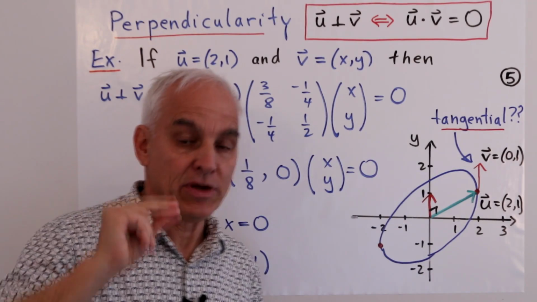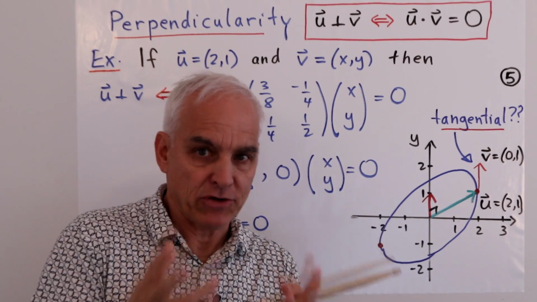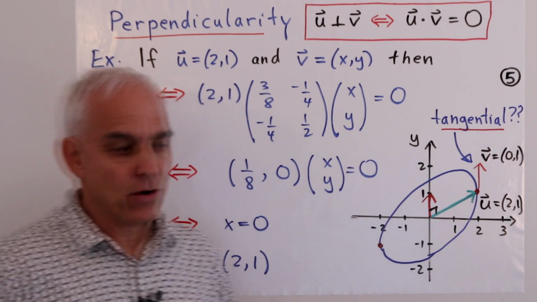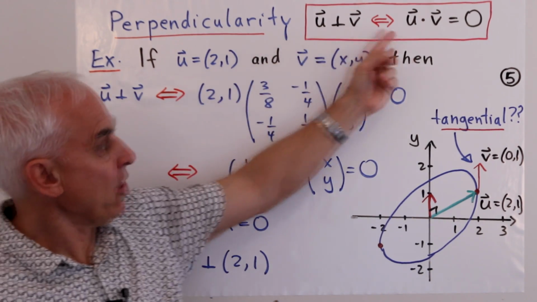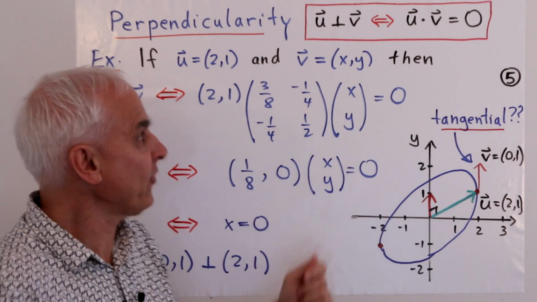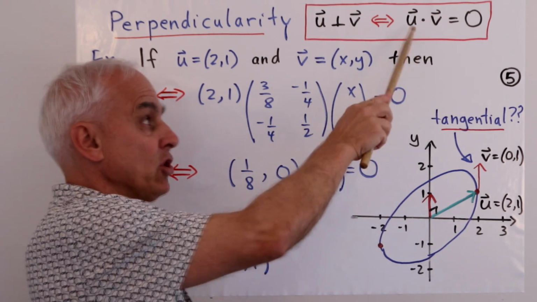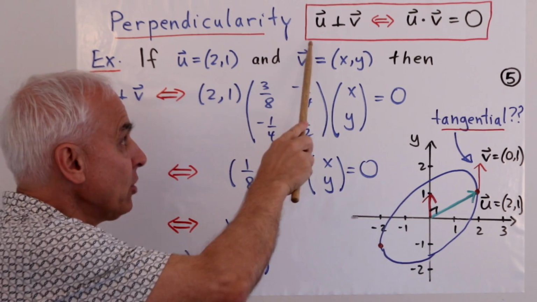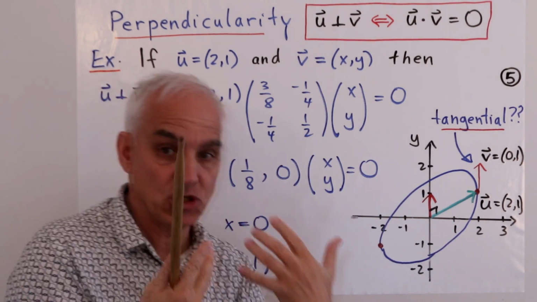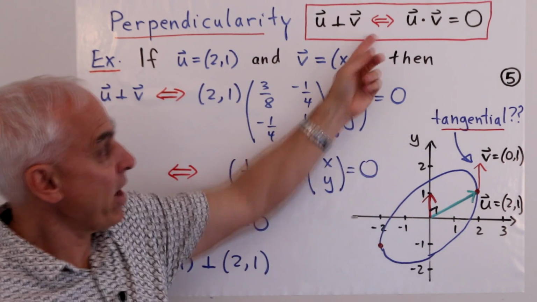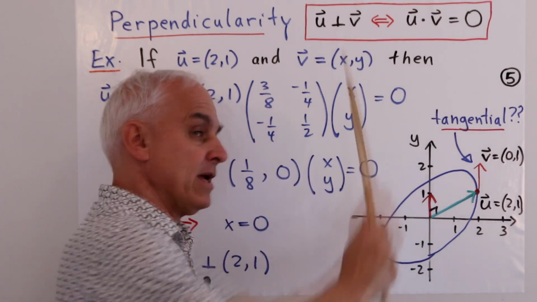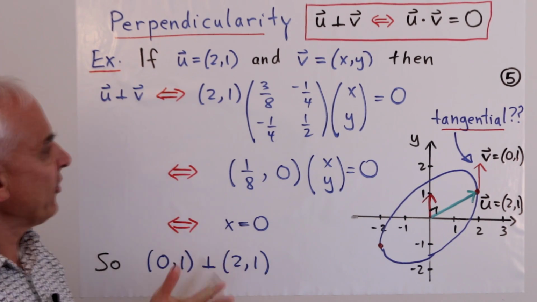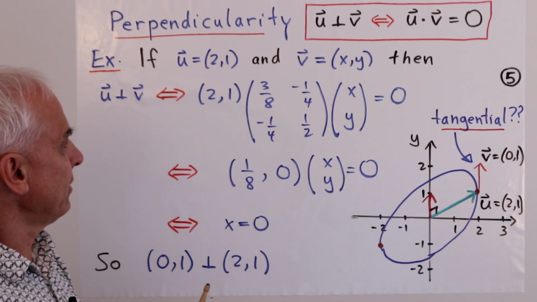Now, one of the other really essential features of such a metrical geometry is the notion of perpendicularity. The notion of perpendicularity comes immediately also from the dot product, because we define perpendicularity in terms of the dot product being 0. So the vector u is perpendicular to vector v in this geometry precisely when the dot product of u and v is the number 0. What does this explicitly mean in this context?